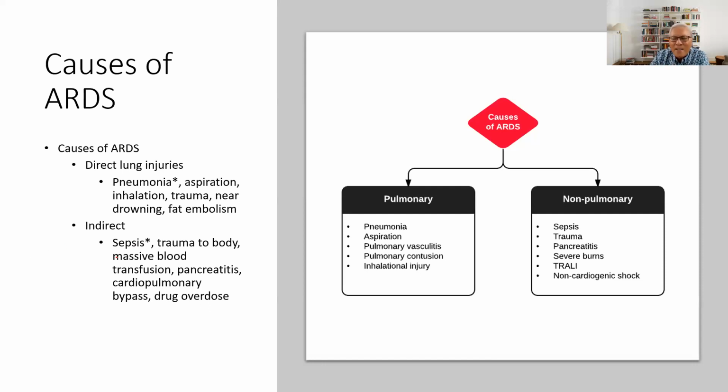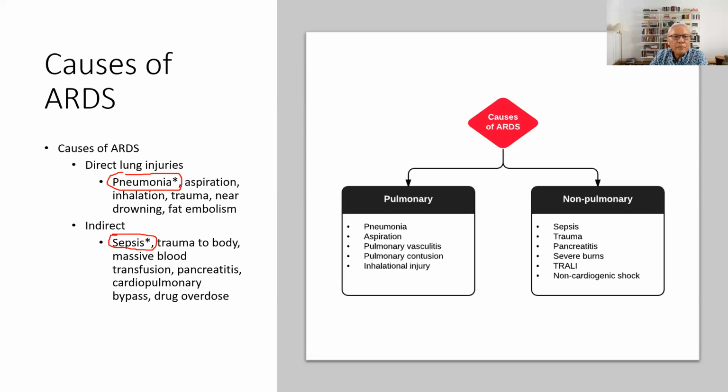Out of these possible causes of lung injury, two of them, sepsis and pneumonia, that's why there is an asterisk mark after them, make up the majority of all ARDS cases.